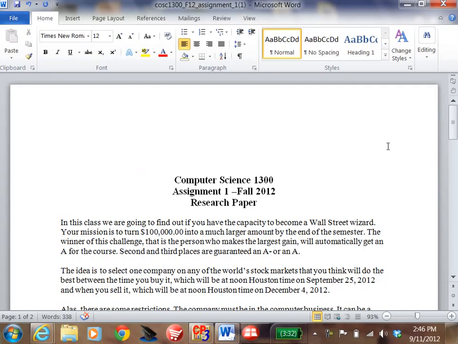Well, why would you call it a research paper? I mean, it's very flexible here. In a research paper, you basically are researching something. In this case, you're talking about this company you selected for this contest, trying to win. So you probably want to say what it was that attracted you to this company. Is it the people in the company?